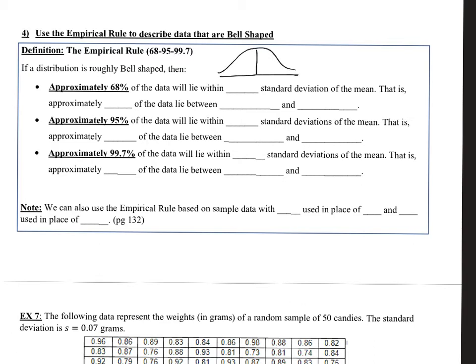So, approximately 68% of the data will lie between one standard deviation. That is, approximately 68% of the data lies between mu minus 1 times your standard deviation, where remember mu is the mean, and mu plus 1 times the standard deviation, which would be in between one standard deviation away from your mean. So that would be about 68%.